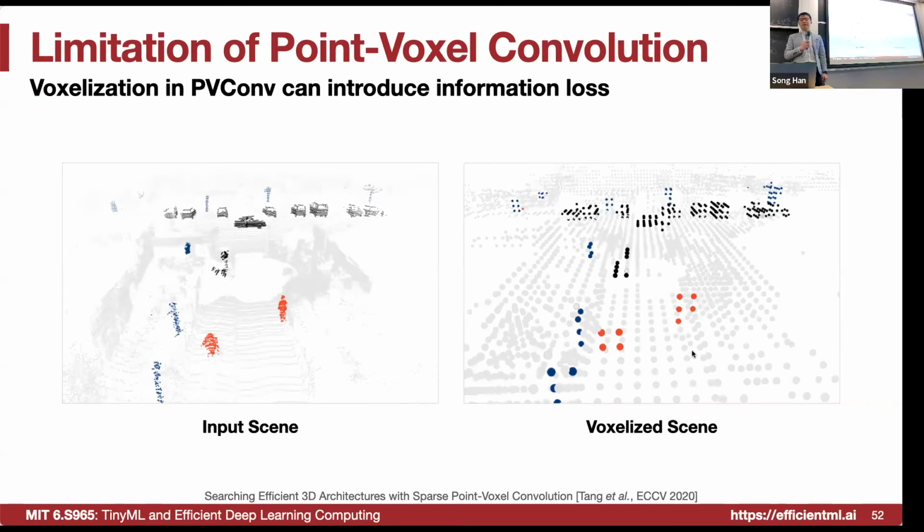The limitation of point-voxel CNN is that when we have a larger input scene, like outdoor space rather than indoor space, some objects, like a person, become only a few voxels in the voxel branch. This is too coarse, and we can lose a lot of information if the scene is too large. So what's the solution?